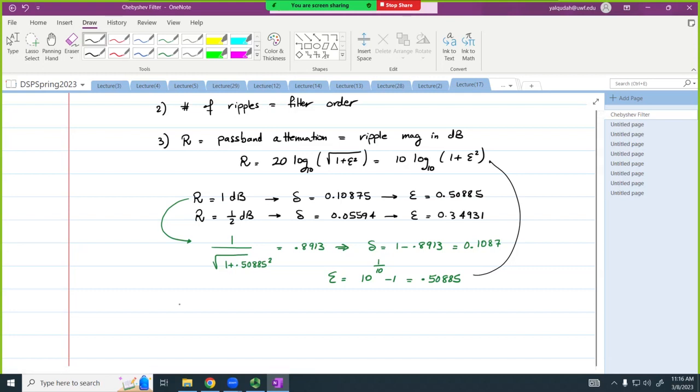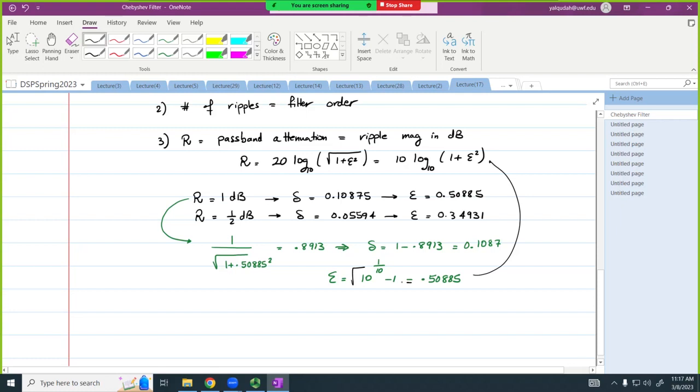This is R over 10 minus 1; I'm giving epsilon squared. Yeah, square root of that, which is going to equal 0.508. Good observation.